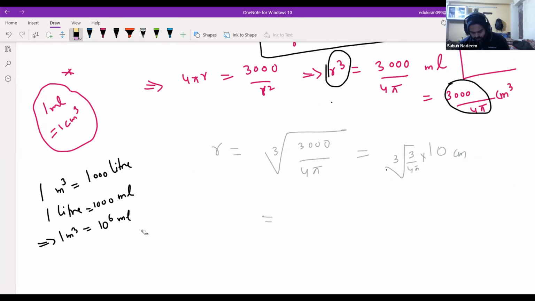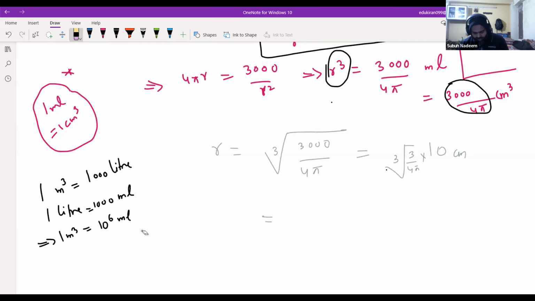So using calculator, if you calculate 3 divided by 4, it will become 0.75. Then 0.75 by pi.